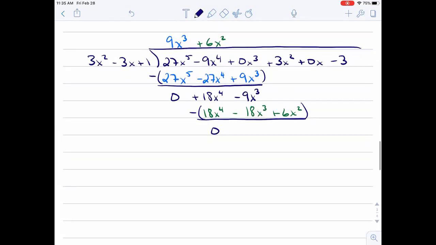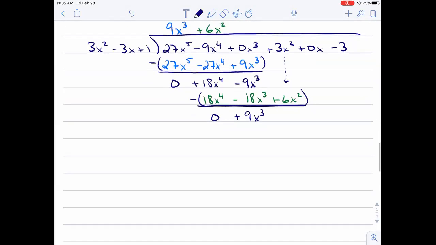Zero, negative 9 plus 18 gives plus 9x to the 3, and just to indicate that that 3x squared comes down, so we get 3x squared minus 6x squared. I get minus 3x squared.